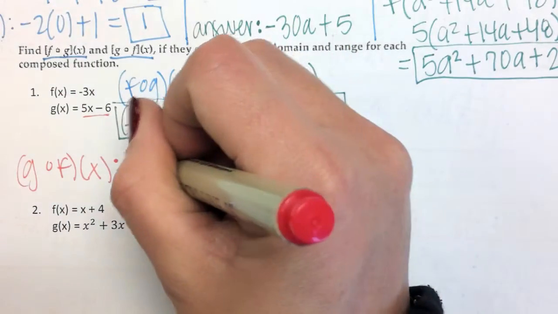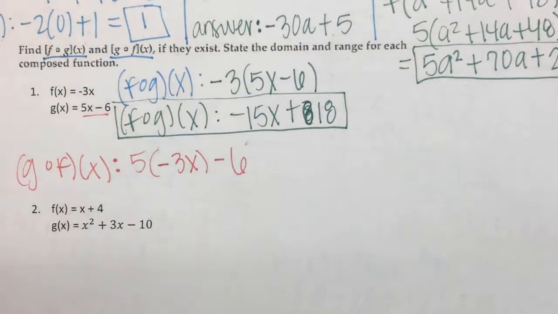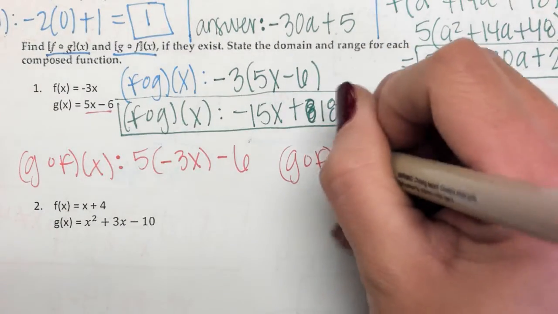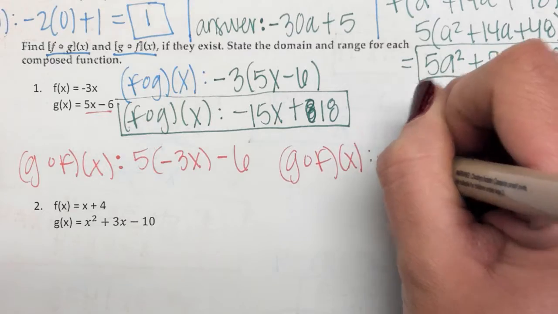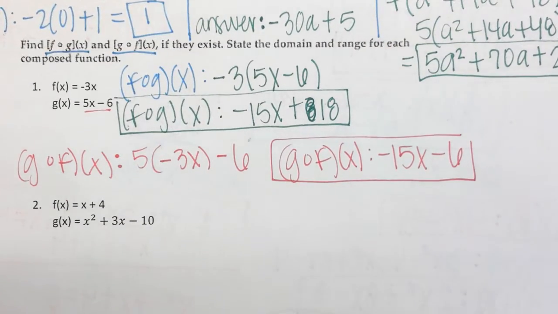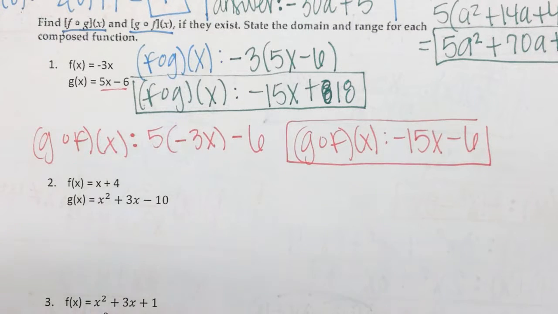So negative 3x. So g of f of x is what? Very good. Any questions about that? You can see it's not the same as multiplying. So again, if it has an open circle, make sure you do this, composing functions.